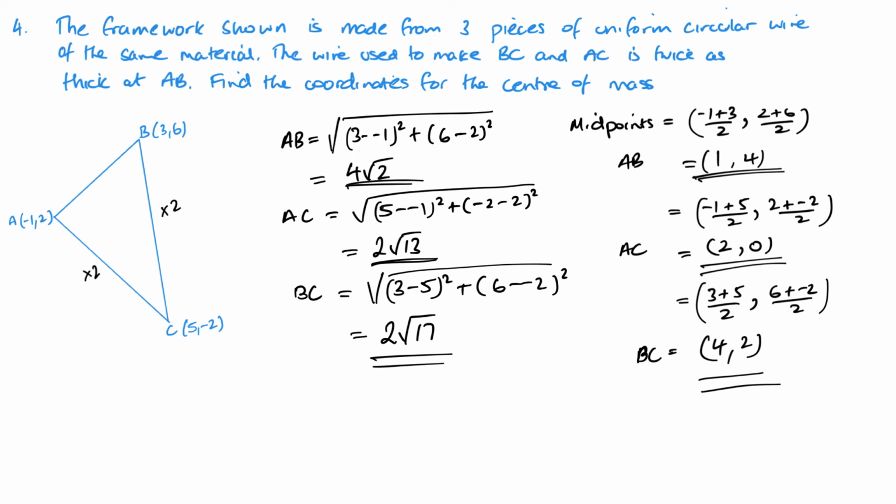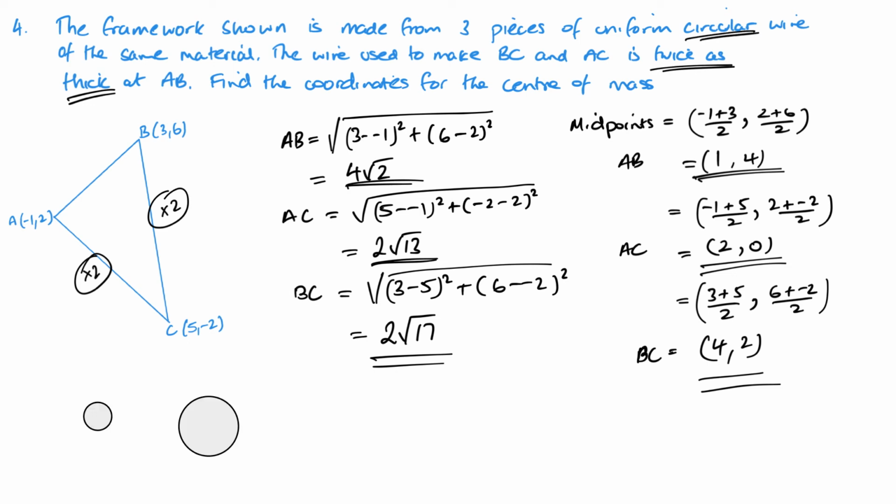Now let's get back to this times 2 business. It's twice as thick. That's what it says, isn't it? And it's very easy here to just multiply them by 2. That would be fine if we went from something flat that was then twice as thick. But this is a circular wire.